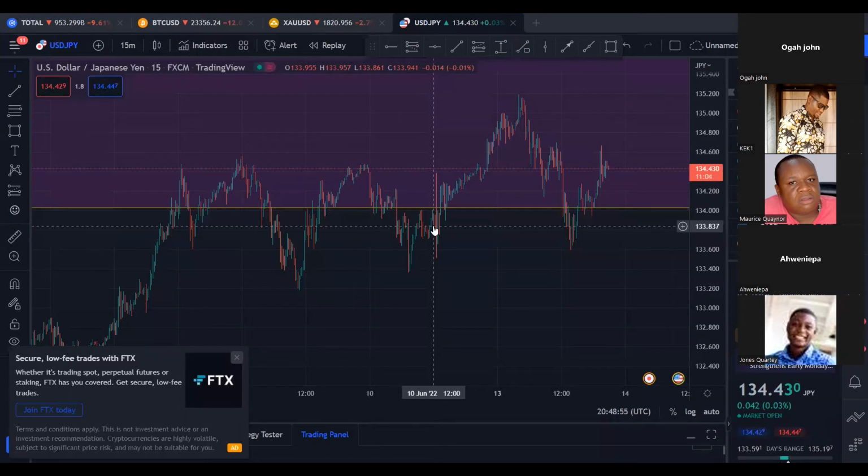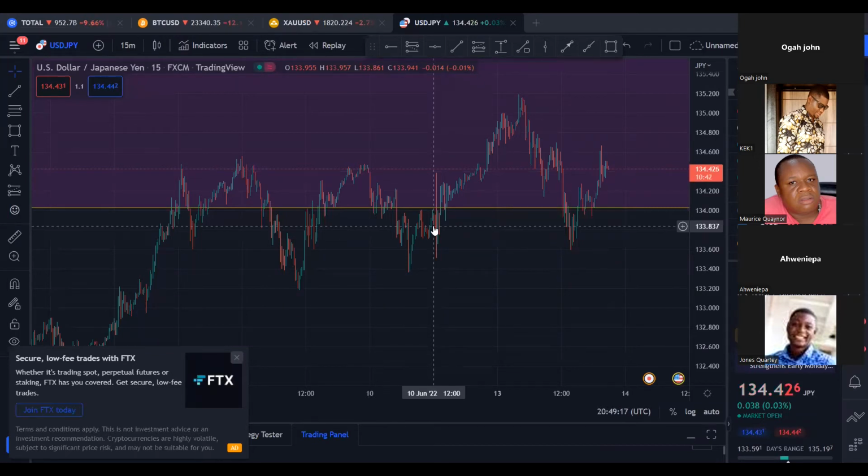Now, looking with my eyes, I will apply 3 principles to be able to get a confluence. But I have to go back to the 4-hour time frame or 1-hour time frame, then I come back to the 15-minute time frame.